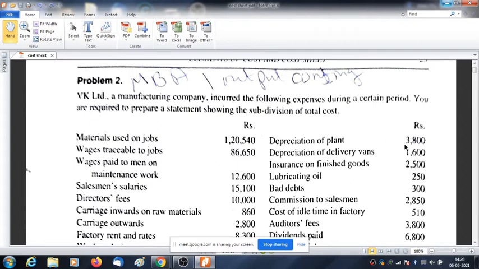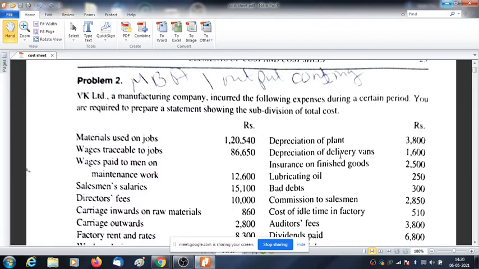Depreciation means you are using the plant and it has been depreciated. I taught you what depreciation means during your accounts classes. Depreciation, you know, is the wear and tear of an asset. So depreciation of plant will come under factory overhead.